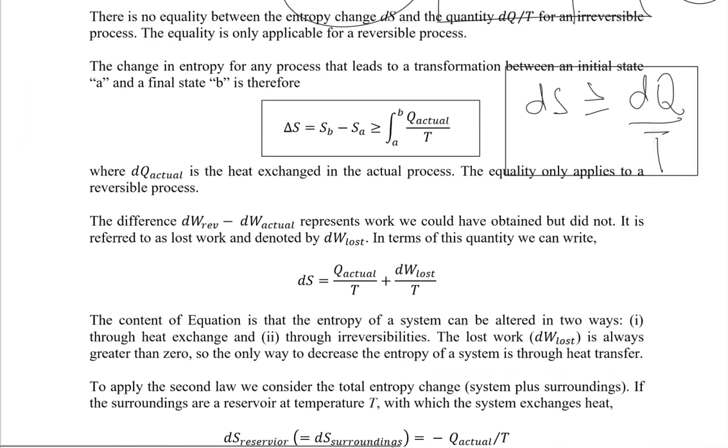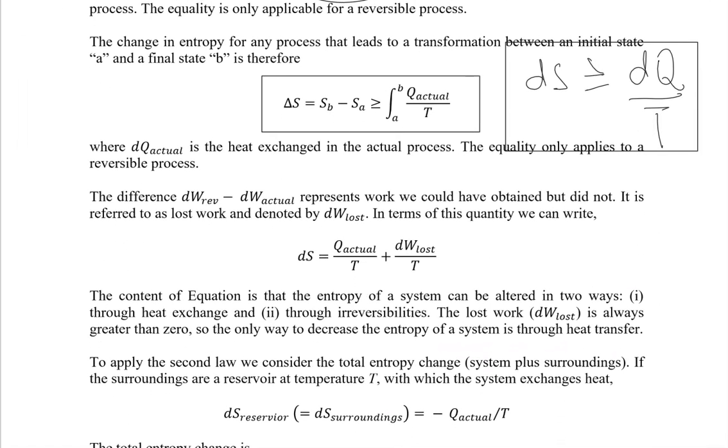Now the difference we are talking about, which is what the above equation says, is the reversible work minus the actual work. Remember the reversible work is greater than the actual work. So the difference, W reversible minus W actual, represents the work that could have been obtained but actually was not.